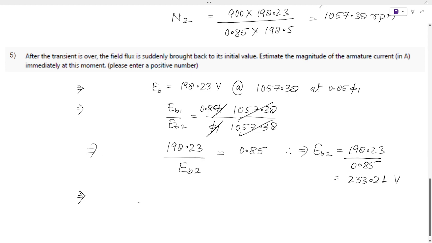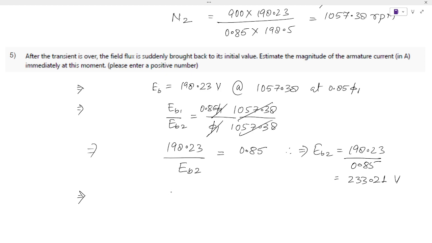Supply is 200. So you can see back EMF is greater here. Yes or no? Yes, sir, back EMF is greater. That means the system will feed the energy back to the supply.